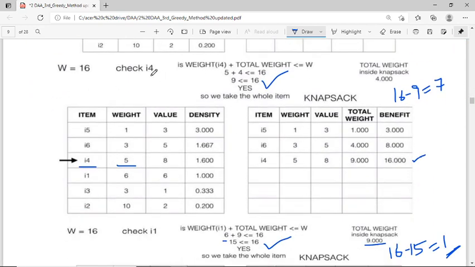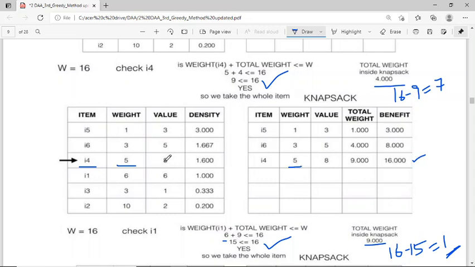Next, I4. The weight is 5, and previously our total weight was 4. So 5 plus 4 less than or equal to 16. Yes, 9 less than or equal to 16 is true, so we add the whole weight here.